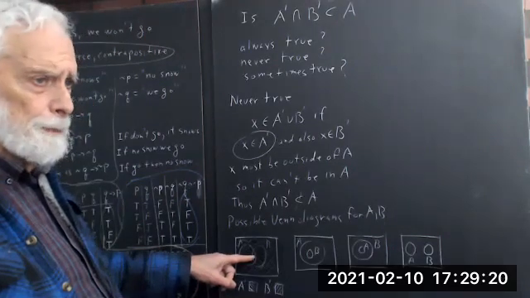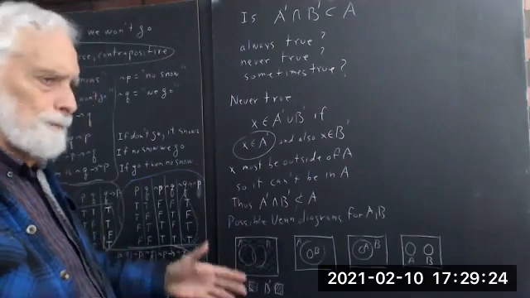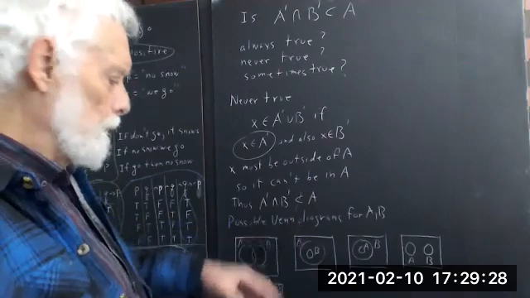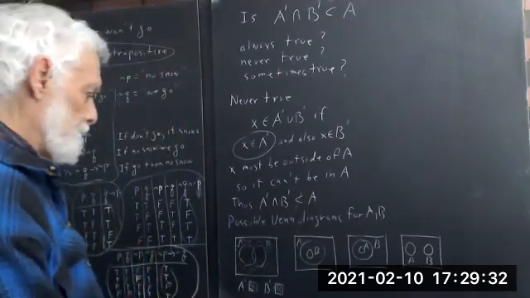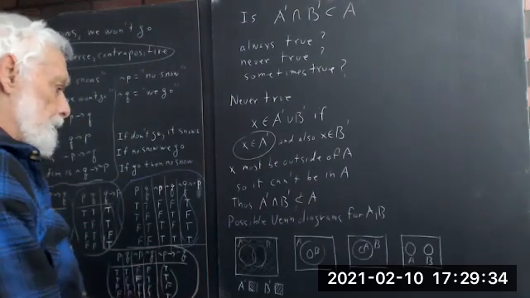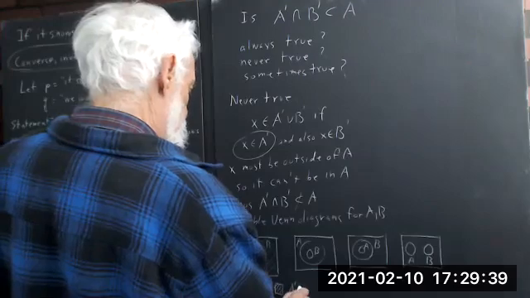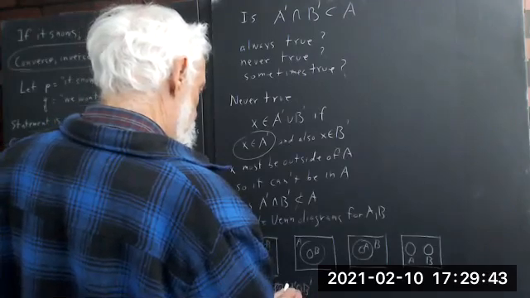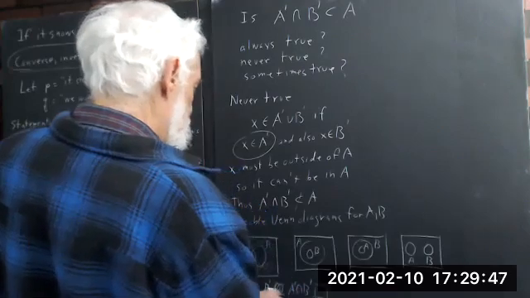This region here isn't part of either, because it's where A and B overlap, which is where A prime and B prime don't overlap. So A prime intersection B prime is where these overlap.